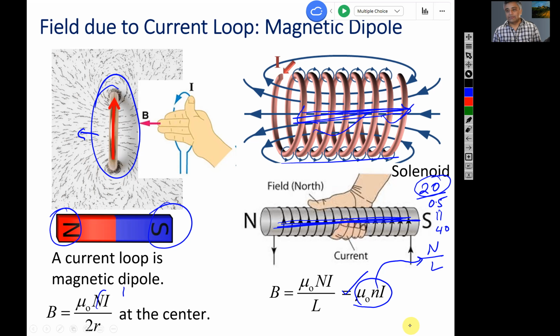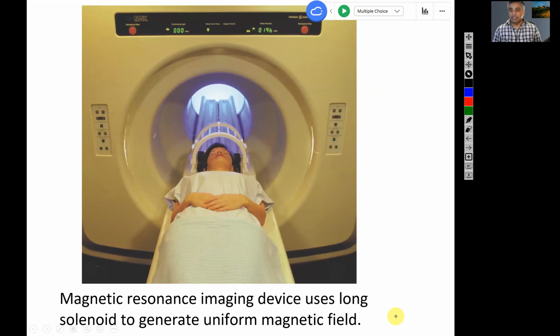So this kind of coil is widely used in technology and in commerce. For example, this one here is a magnetic resonance device that produces images of soft tissue. X-rays are used to produce images of bone, which is harder than muscle.